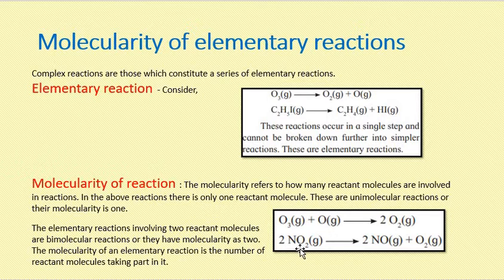In a reaction like nitrogen dioxide, 2 molecules decompose to give you 2 molecules of nitric oxide and oxygen gas. So molecularity is 2, or it is a bimolecular reaction. Why? Because 2 molecules of nitrogen dioxide are undergoing decomposition. So, simply, the total number of molecules participating in a reaction is the molecularity of an elementary reaction.